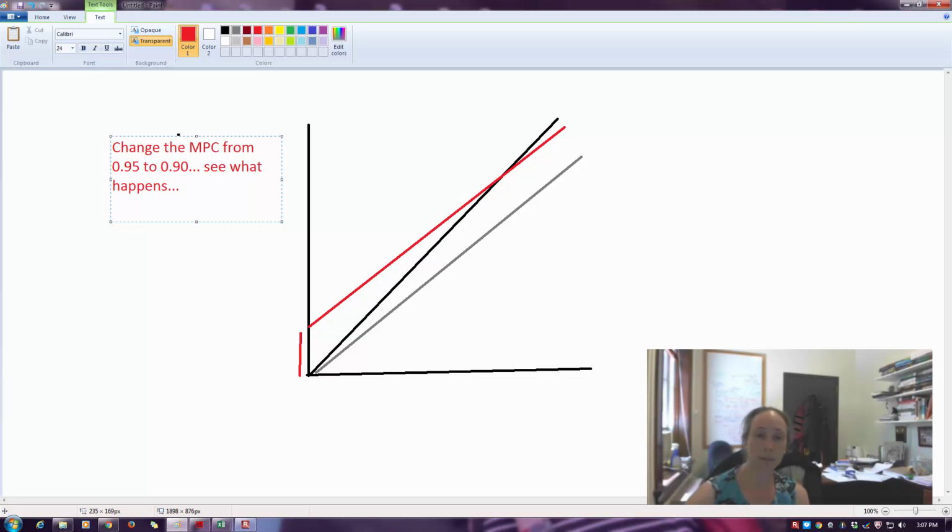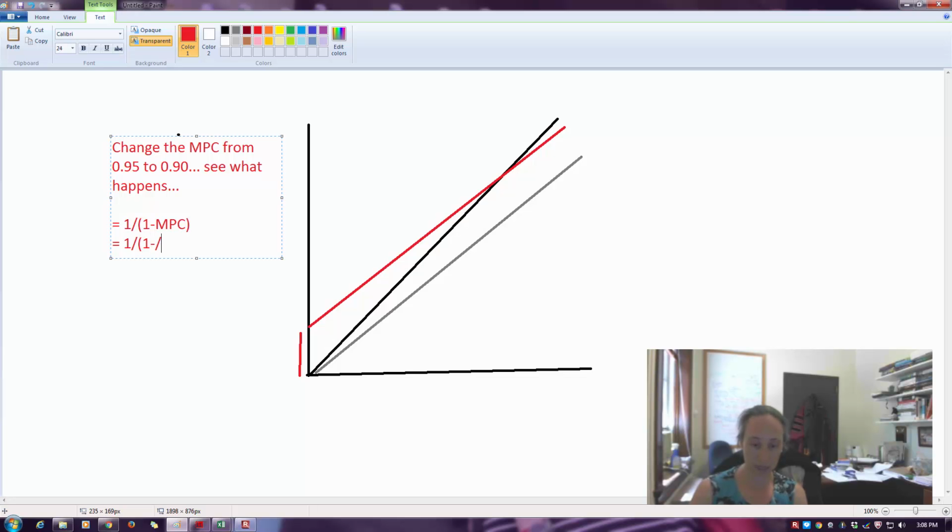So I'm not going to solve this one for you because I want to leave a little bit of work for you to solve. You can use those same equations as before. My hint is going to be that if you save more money, then that's less money circulating and less money multiplying throughout the economy. And that 1 over 1 minus the marginal propensity to consume, we're going to get a smaller multiplier.